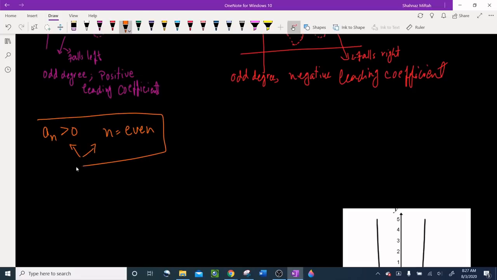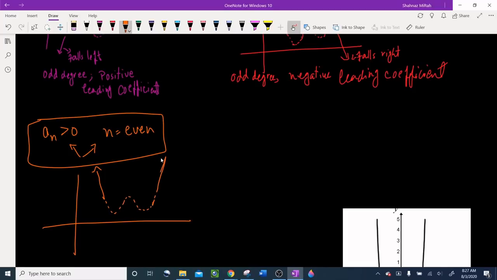So you guys memorize this portion and I'm going to show you a graph. The graph looks like this. It's rising to the left and it's also rising to the right. So both of them rise. And this is an even degree with a positive leading coefficient.